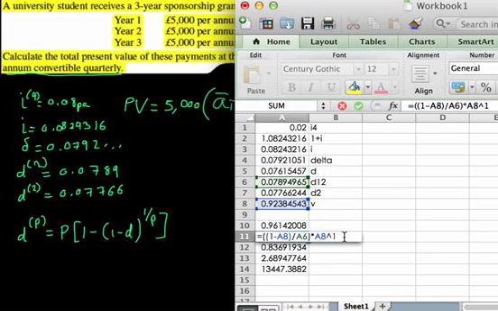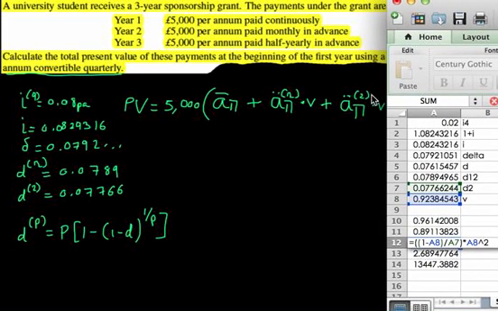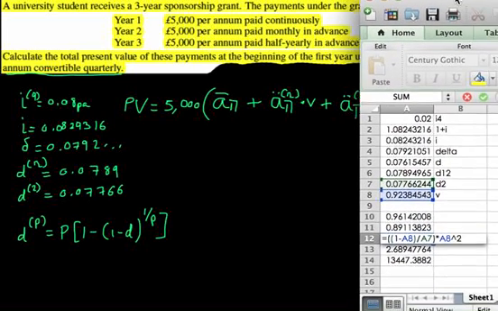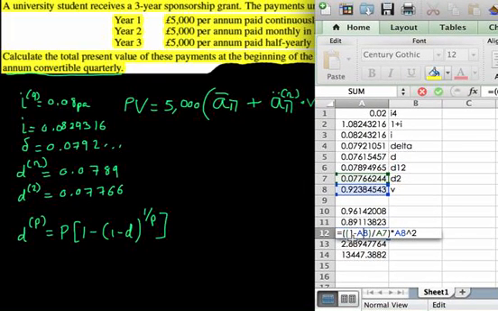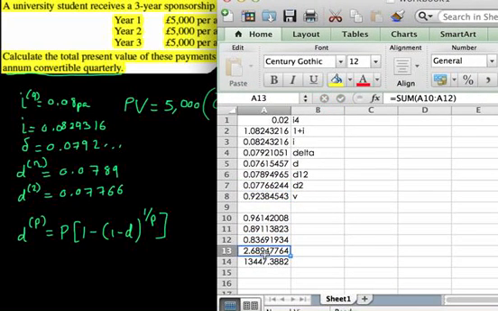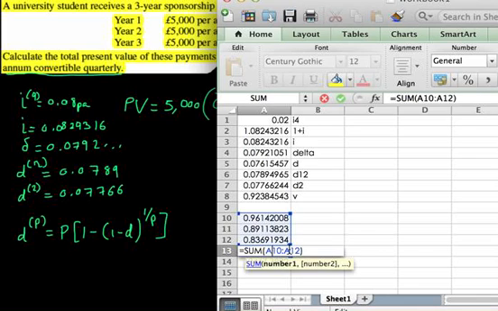And then we've got this one over here, which is 1 minus v divided by d^(2), and then multiplied by v squared, which gives us whatever that is. Then I summed those 3, so that's what it became.